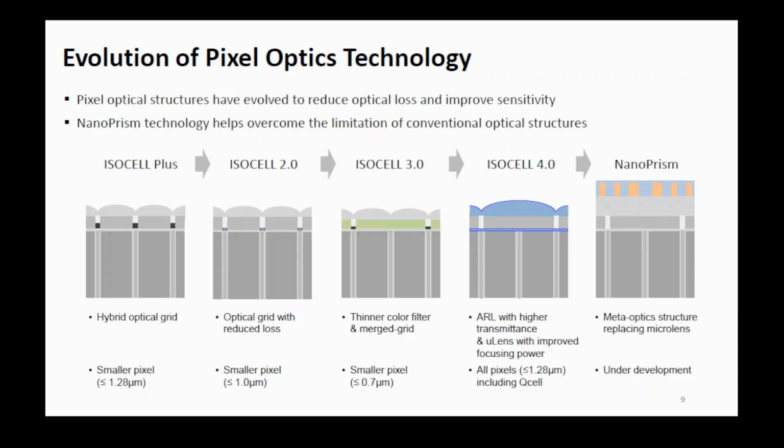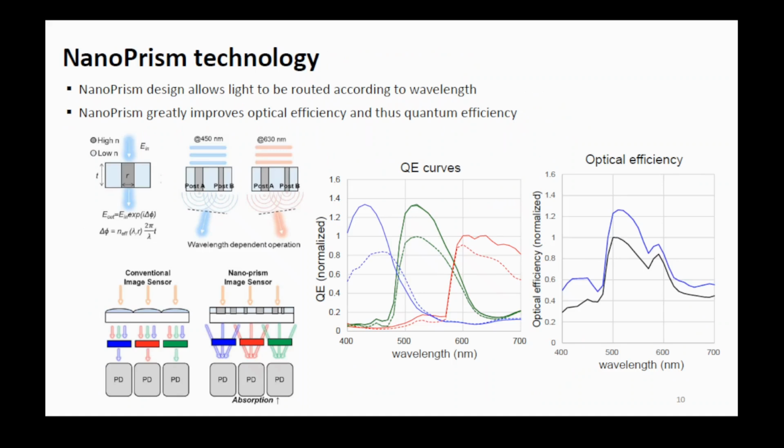So nanoprism technology would be a very good candidate for much better optical efficiency. I'd like to talk about nanoprism technology here. Nanoprism basically uses diffraction phenomena.